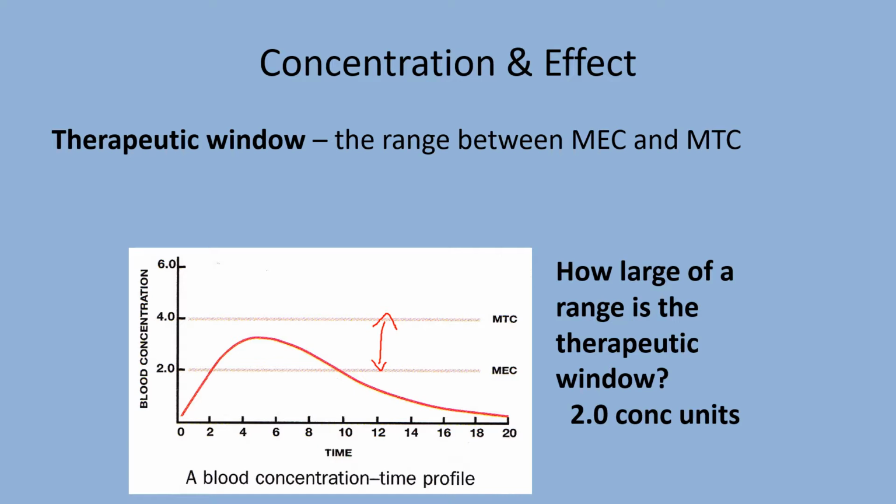So let me ask you a question. With this drug concentration profile, when would you give the next dose in order to keep them above the MEC but below the MTC? I took it at time 0. When would you give them the second dose? Every 10 hours? So at 10? If I give it at 10, do they have enough drug to work?